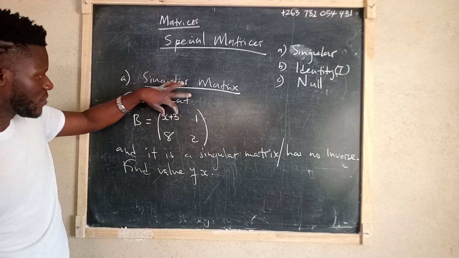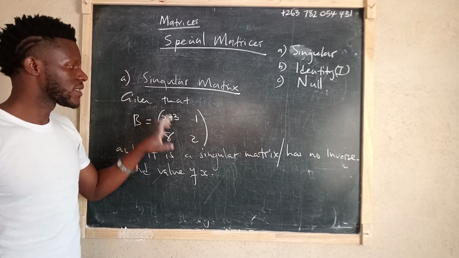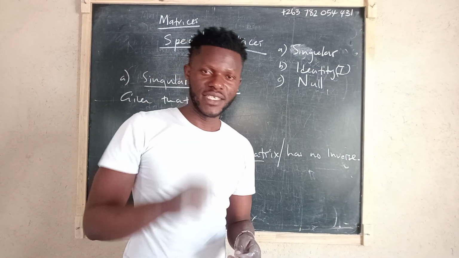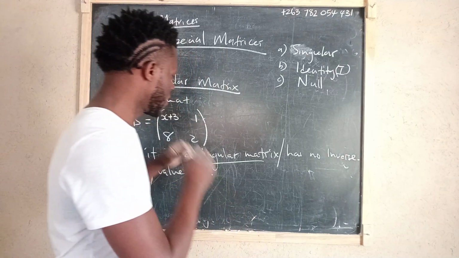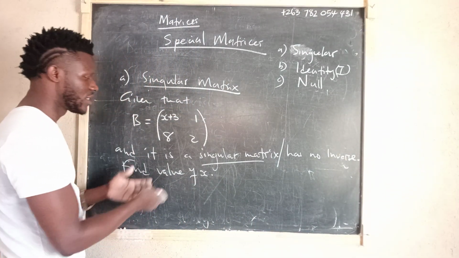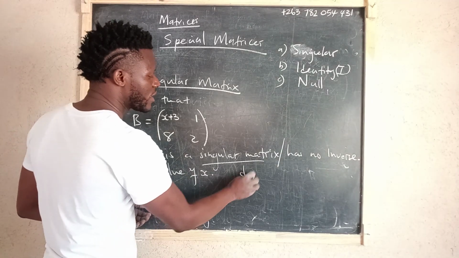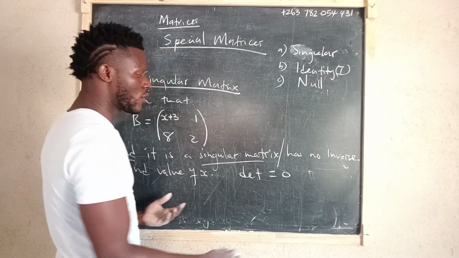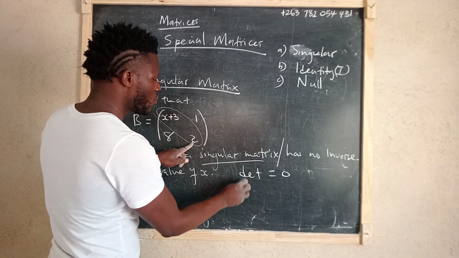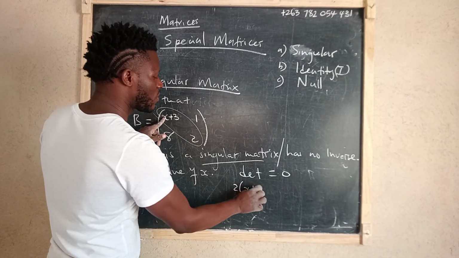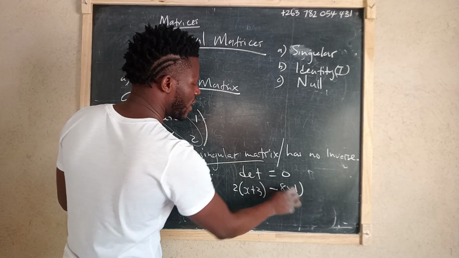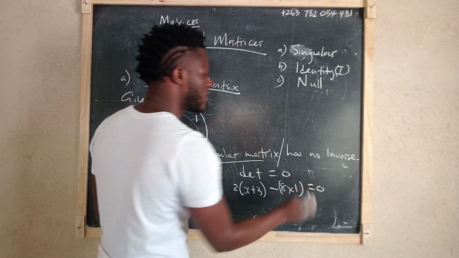We are being told that matrix B has x plus 3. There's an unknown term, but this matrix is singular. So the word singular there means that if you calculate the determinant, you will get 0. So they simply want you to prove that the determinant is 0 and you find the value of x. Determinant is 0, so let's show the working. You multiply 2 by x plus 3, subtracting 8 multiplied by 1, and the answer will be 0.